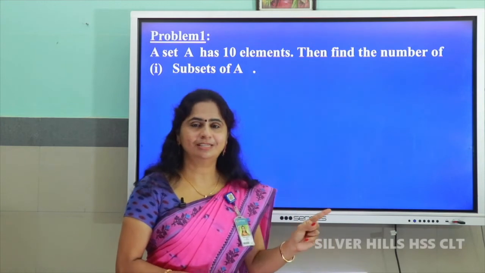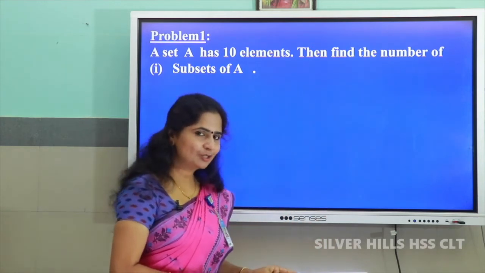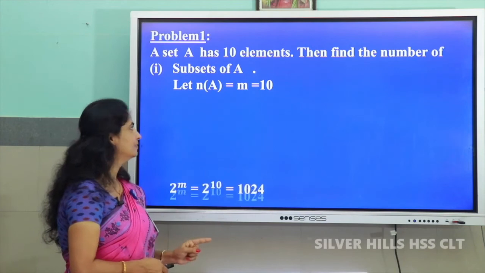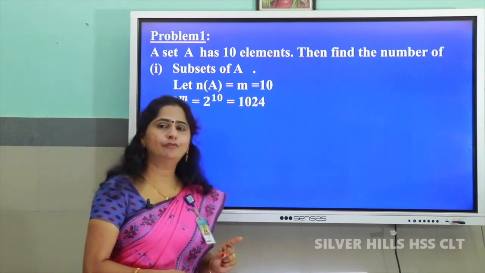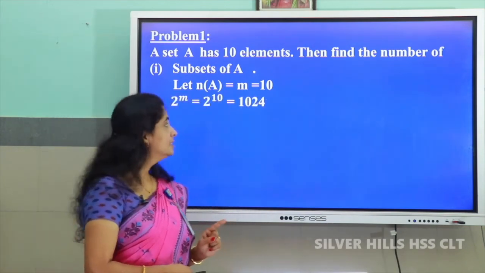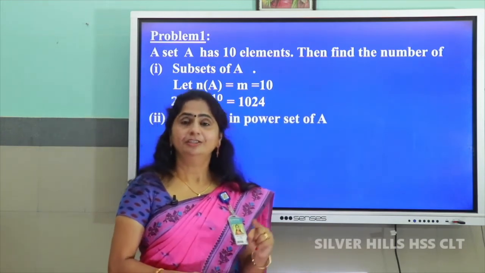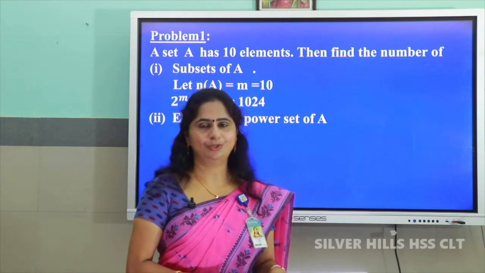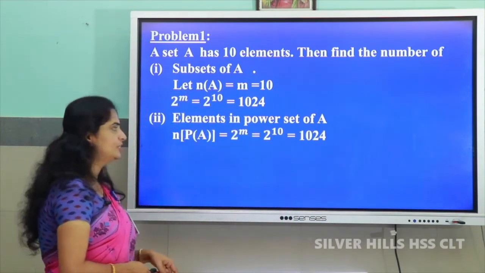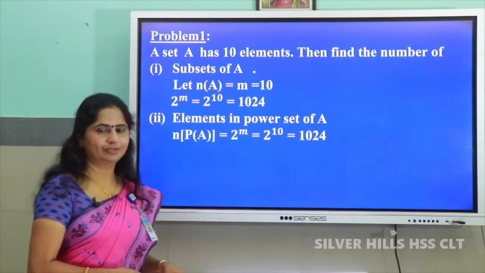So here m is 10, therefore the number of subsets of A is 2 raised to 10, which is 1024. Second question, the number of elements in the power set of A. That formula is also 2 raised to m, that is 2 raised to n, 1024.